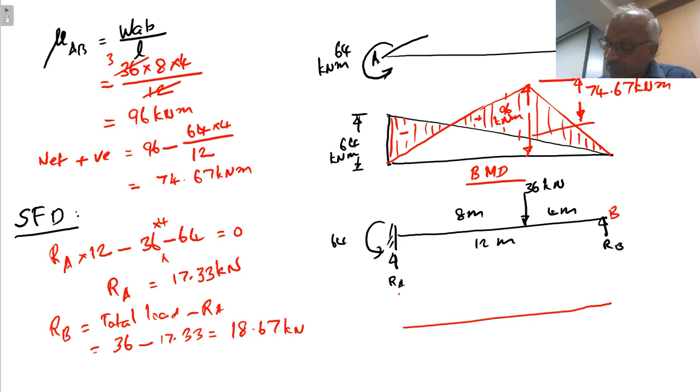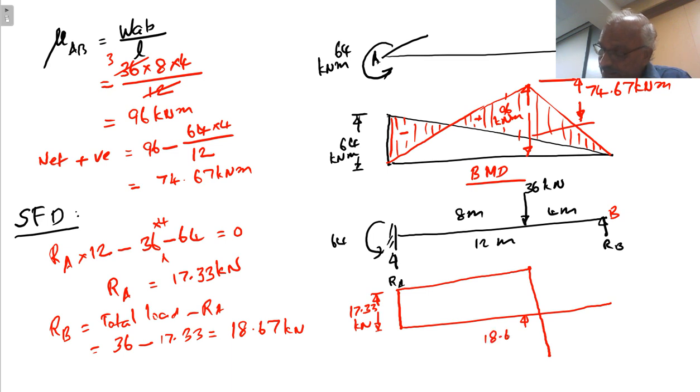RA is 17.33, so this value is 17.33 kilonewton. From here to here there is no loading, therefore it will be horizontal. Now here there is a downward load of 36, so 17.33 plus this value equals 36, and this value is 36 minus 17.33, which is 18.67 kilonewton.